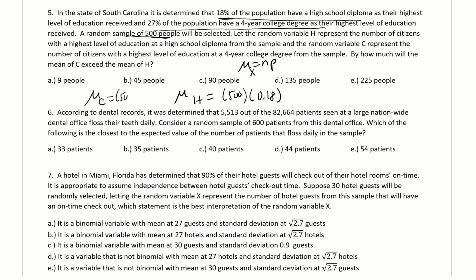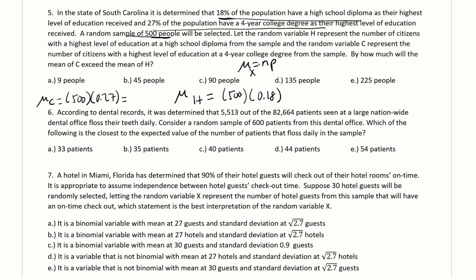So 500 times, for them it is 0.27. Okay, so then we have 500 times 0.27, and we're going to compare that with 500 times 0.18.